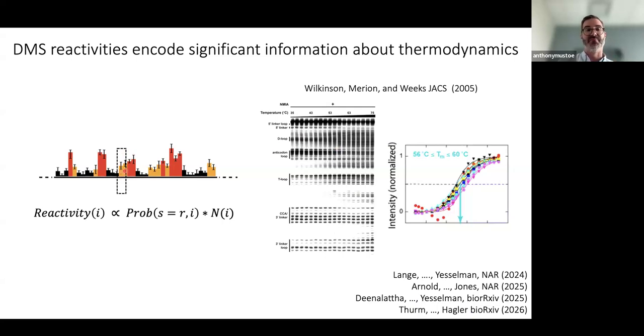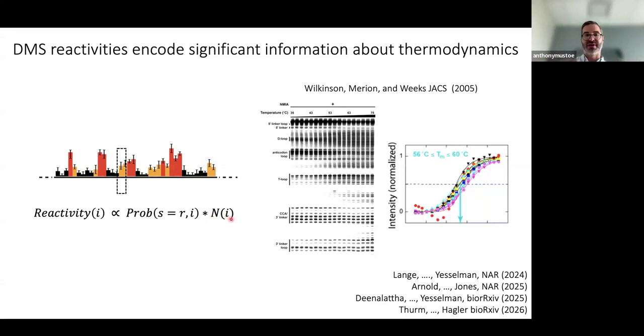Particularly if you think about, let's say, a moderately reactive nucleotide, its reactivity is going to depend on the probability that the structure of this nucleotide is single-stranded and reactive, as well as some sort of unknown normalization factor.